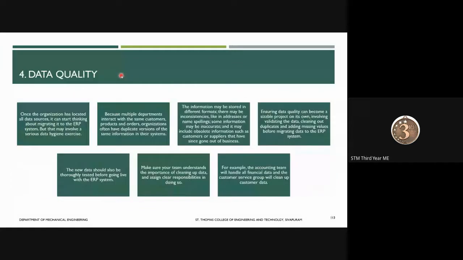Okay. Next one is data quality. We always know that under ERP we are compiling data. So what is data quality? Quality of the data is defined as the accuracy and precision of the data that is being collected.